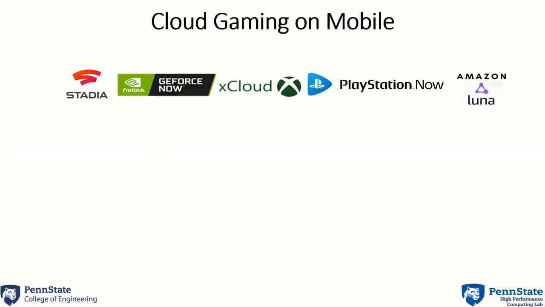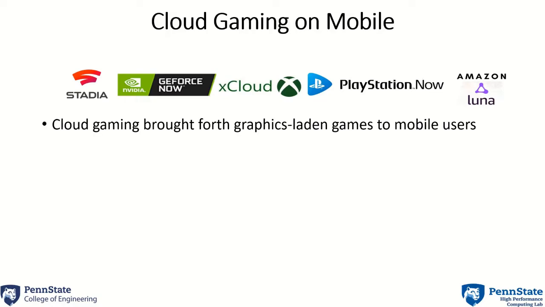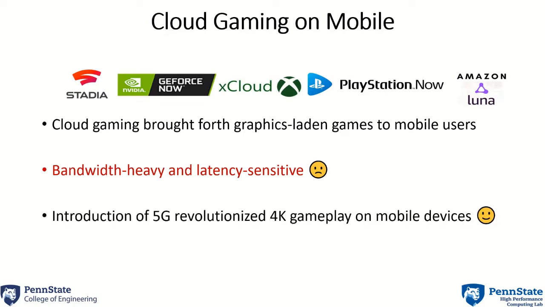Recent emergences of several cloud gaming platforms such as Google Stadia, Nvidia GeForce Now, Microsoft xCloud, and others have salvaged the situation by streaming advanced graphics contents to mobile users. However, these cloud gaming apps, which we also refer to as game streaming apps, are known to be bandwidth heavy and latency sensitive.